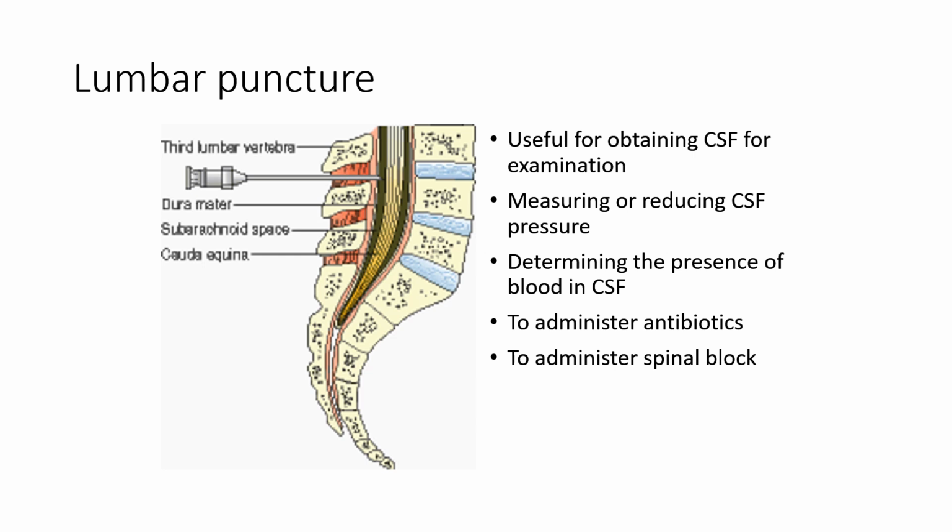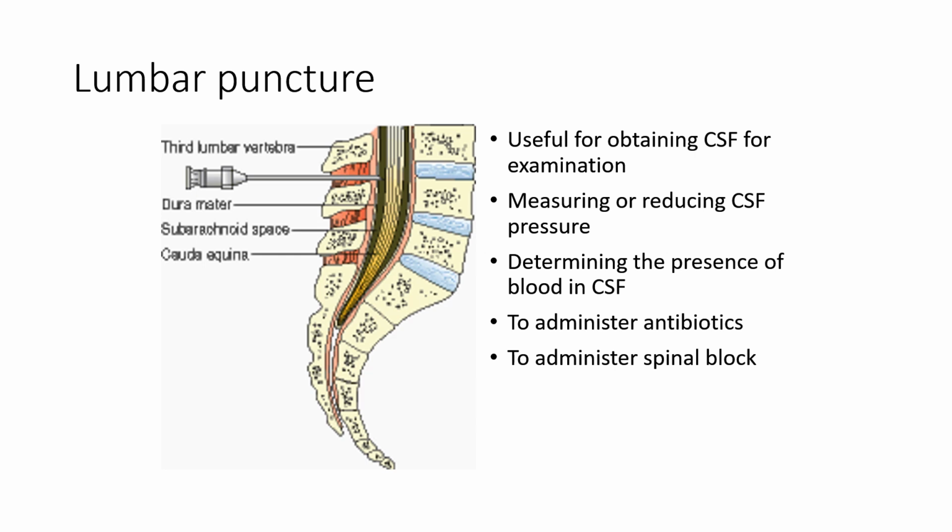The lumbar puncture is probably the most invasive neurotest we do besides an arteriogram. This involves inserting a needle into the subarachnoid space of the spine, somewhere around L3, 4, or 5.